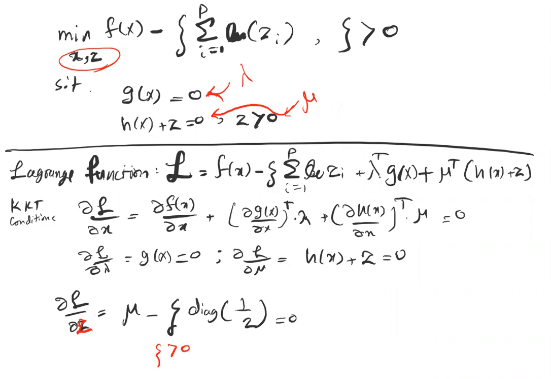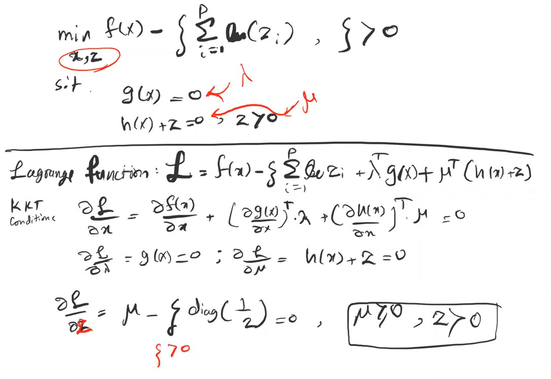We also add two more constraints: mu's are positive, because mu's originally refer to inequality constraints, so they have to be positive, and z's are also positive. These are the two constraints that we enforce at each of the iterations.